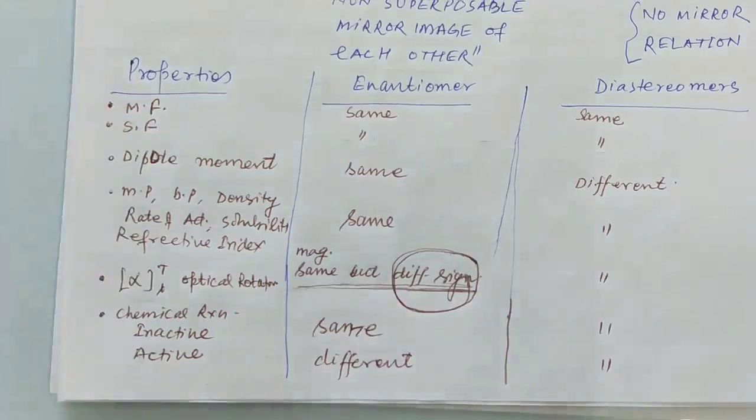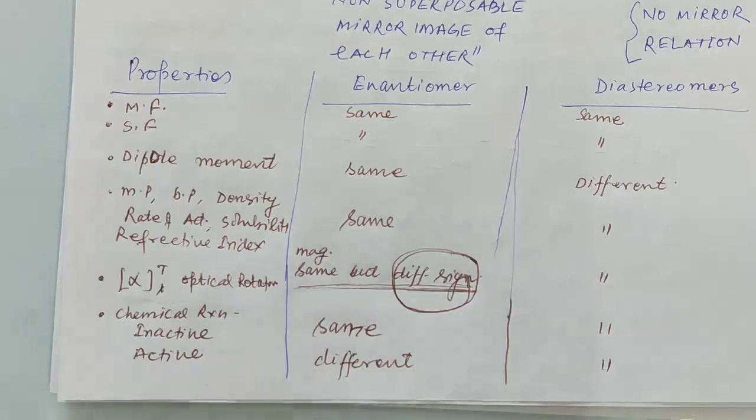If you want to differentiate enantiomers on the basis of melting point, boiling point, you cannot separate or identify them. So how are enantiomers differentiated, characterized or identified? Enantiomers are differentiated, characterized and identified on the basis of optical rotation, D plus and L minus.